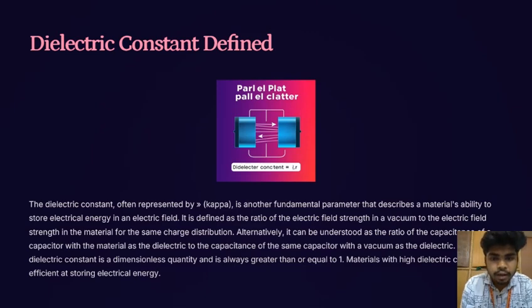Alternatively, it can be understood as the ratio of the capacitance of a capacitor with the material as a dielectric to the capacitance of the same capacitor with a vacuum. The dielectric constant is a dimensionless quantity and is always greater than or equal to 1. Materials with a high dielectric constant are efficient at storing electrical energy.